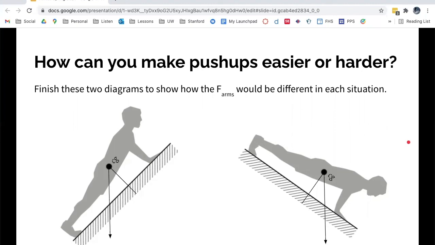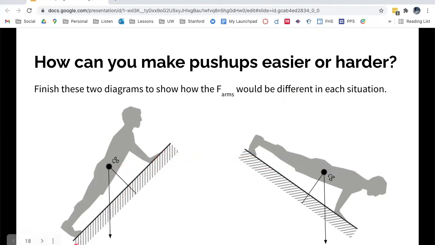What I'd like you to do, take some time, find a piece of paper. You can go to a digital drawing, whatever you need to do. And I want you to finish these two diagrams. Show the force on your arms and the force on your feet, and how would they be different in each of these two scenarios?